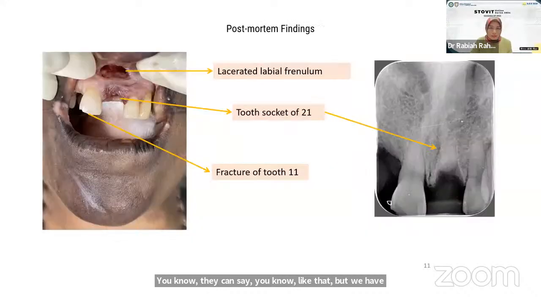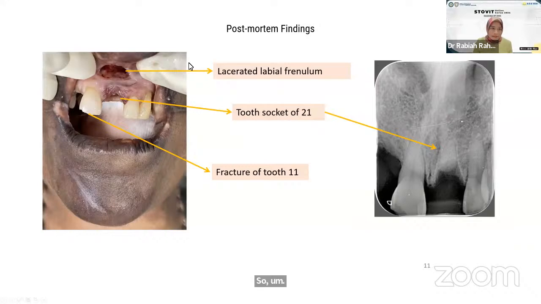From the postmortem findings, we found that not only was the tooth socket of 21 empty, there was also a missing tooth 1. We found, based on the X-ray taken, a retained root.